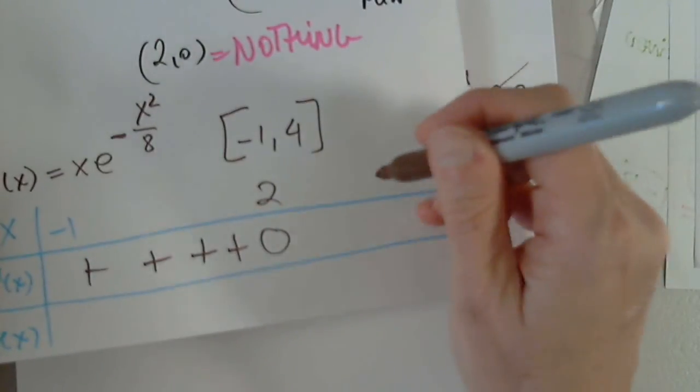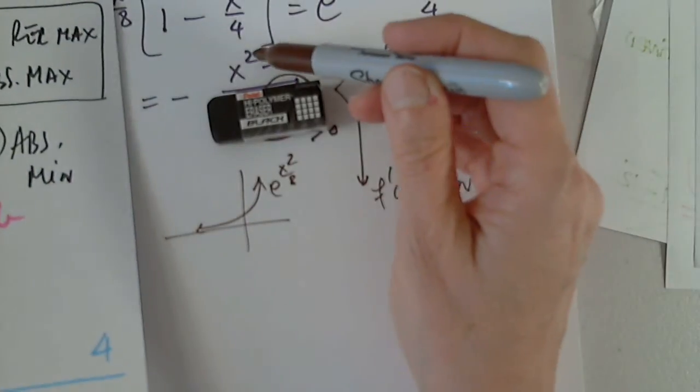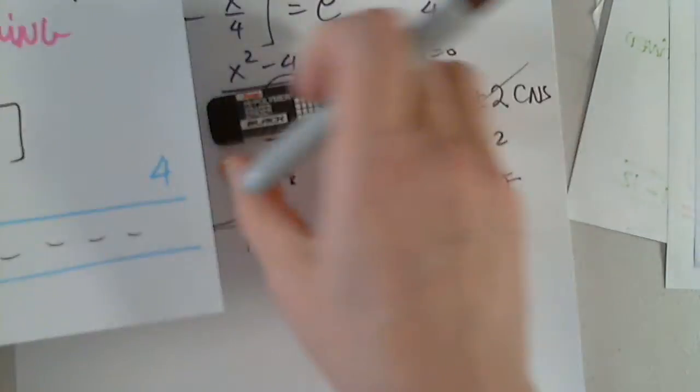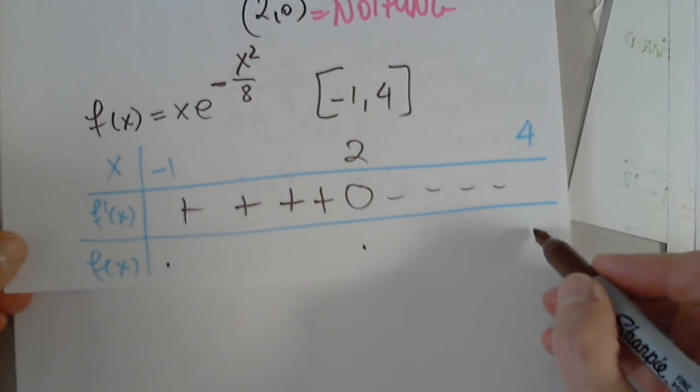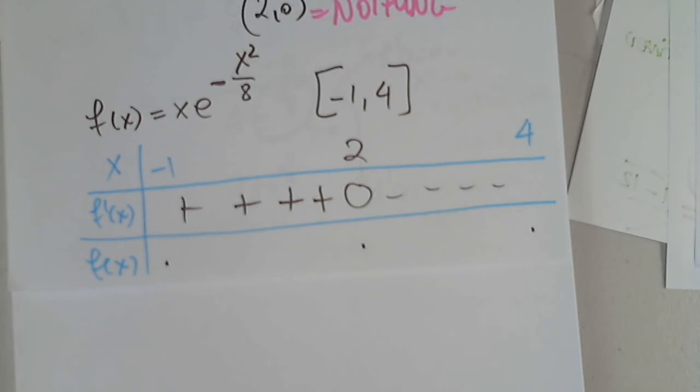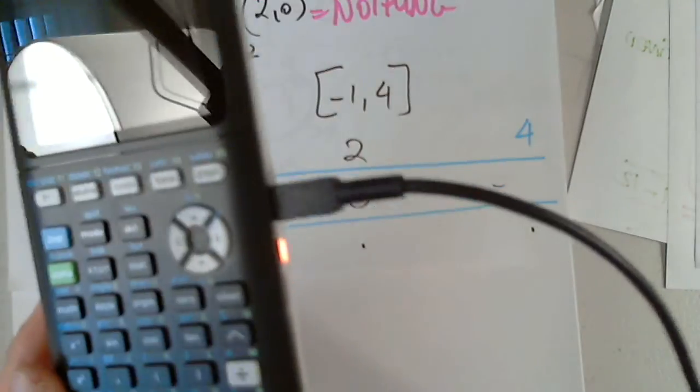And on this side, I'm going to plug in 3. 3 squared is 9, minus 4 is 5 with minus in front. At this point, I have to find these 3 values. I grab my calculator.